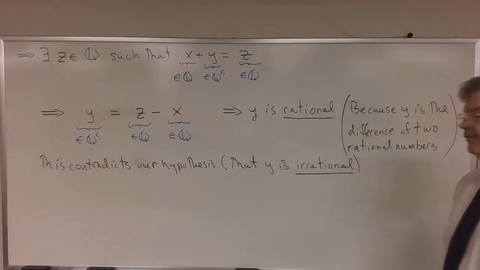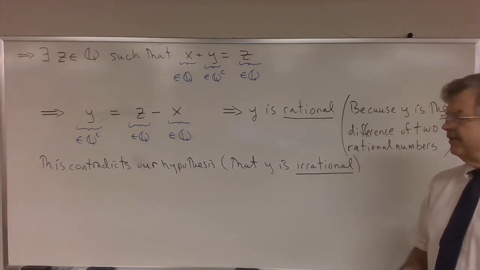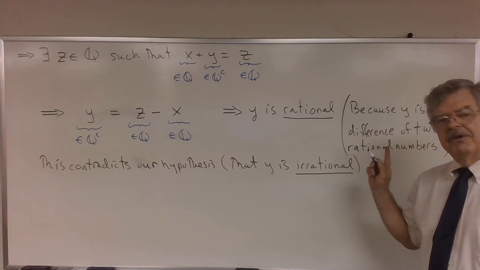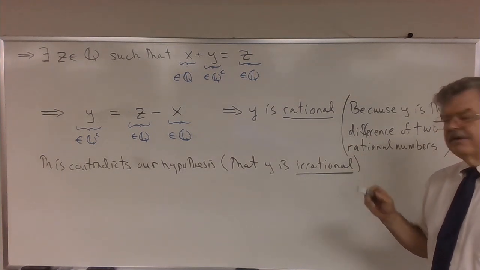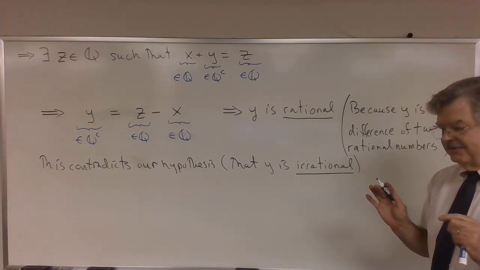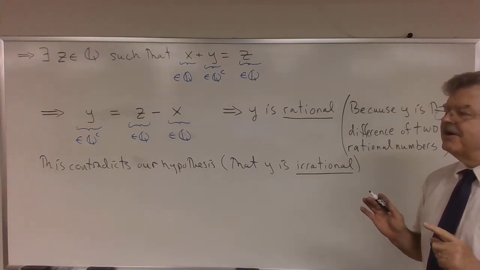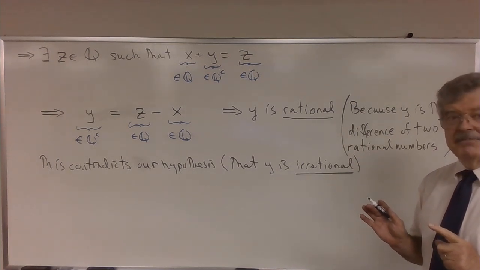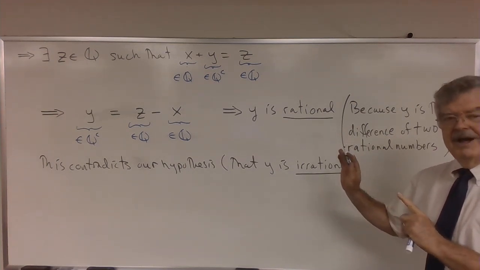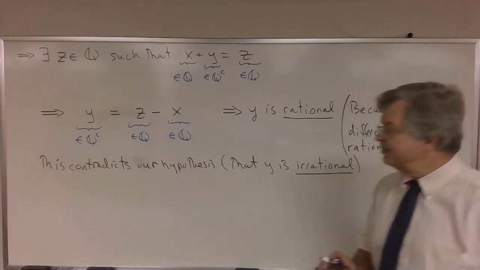Yep, it contradicts our hypothesis. By hypothesis, y is irrational. So let's just sum it up for our reader. Technically, we're done with our proof, but let's just summarize what we've done, so in case any of our readers are on autopilot, they'll realize we've actually done what we set out to do in this proof.